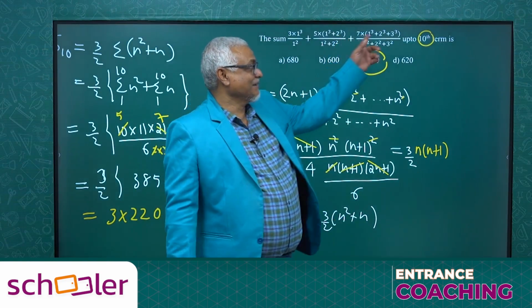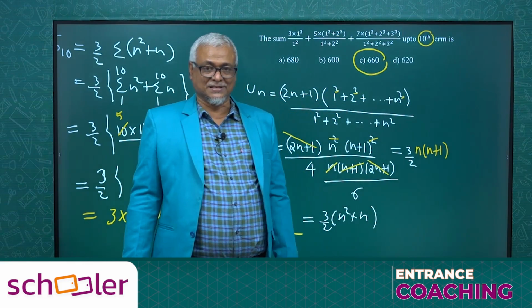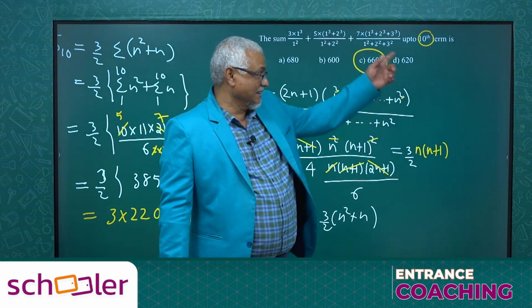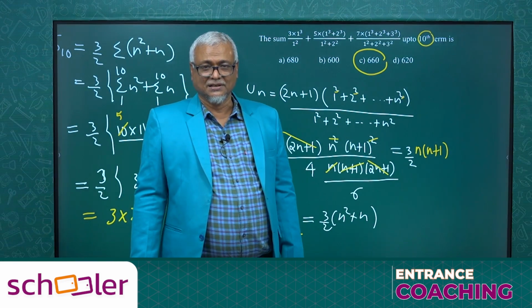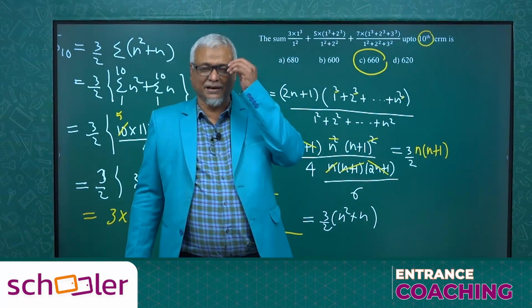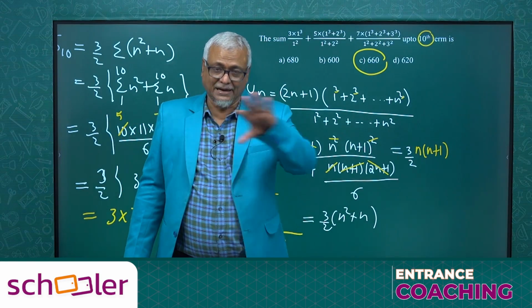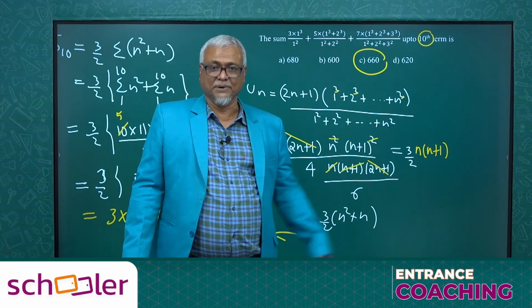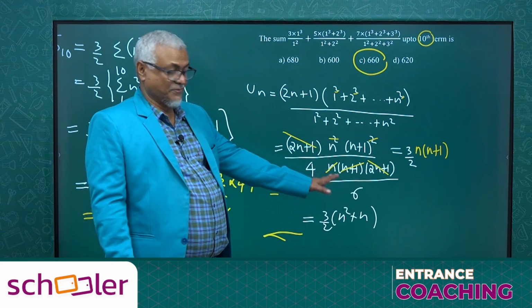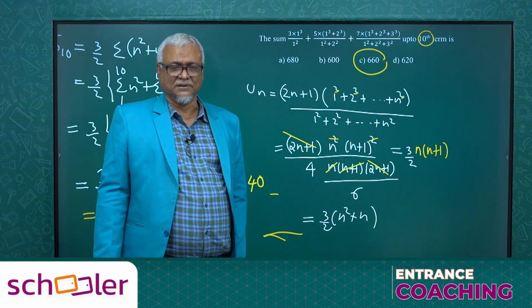Here in the bracket we have the sum of cubes of first n natural numbers, and in the denominator we have the sum of squares of first n natural numbers. The question is in a clear pattern, so we simply replace the formulas and simplify. Simplification also is not tough.